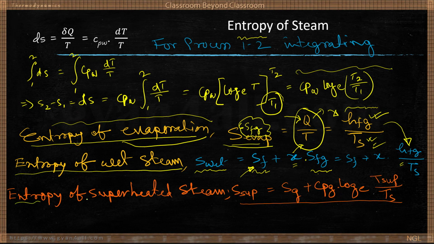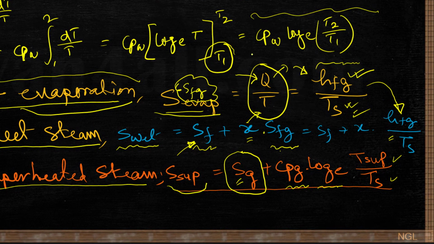Now entropy of superheated steam, we will write S sup. So definitely first we will consider the dry part, that means Sg plus Cpg log to the base e, T sup divided by Ts. You look at this formula. What is this?